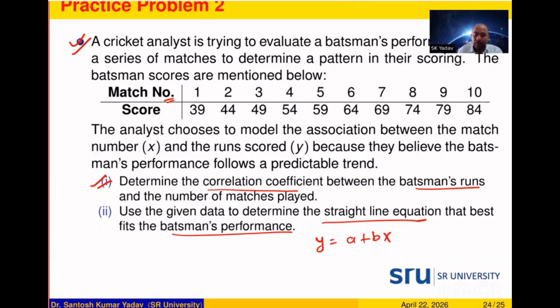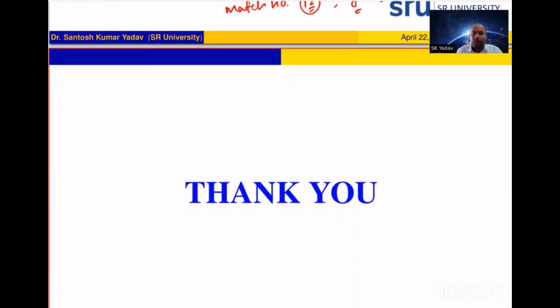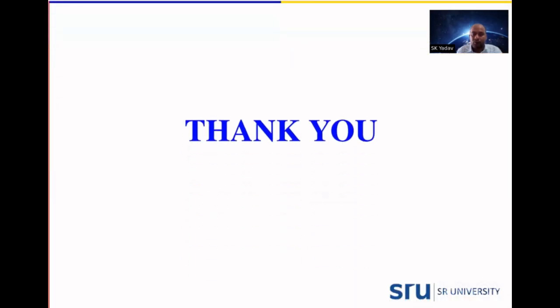After that, it can be asked to estimate the score of the batsman for match number 12. If the batsman plays the 12th match, what is the expected score? This can be obtained by fitting this line, and then you can predict the value. So this is all in this video. I hope you understand.